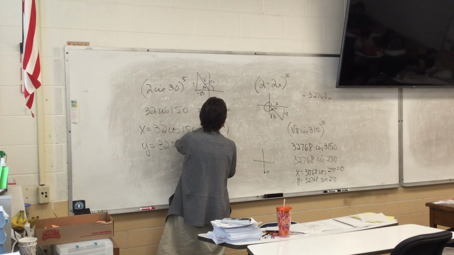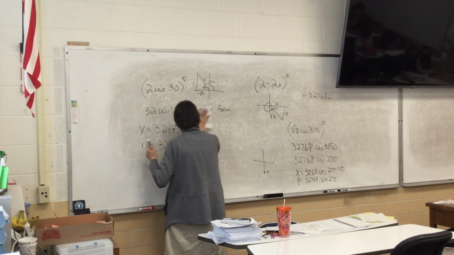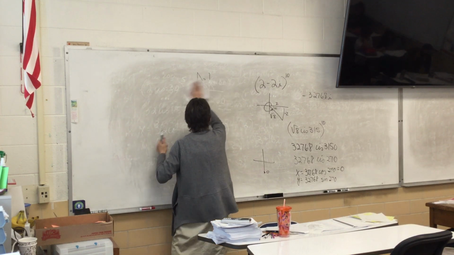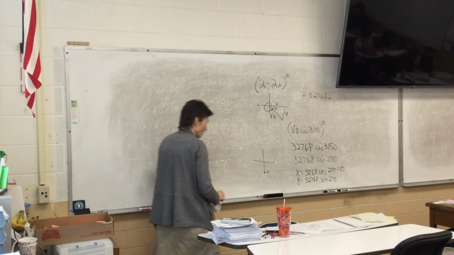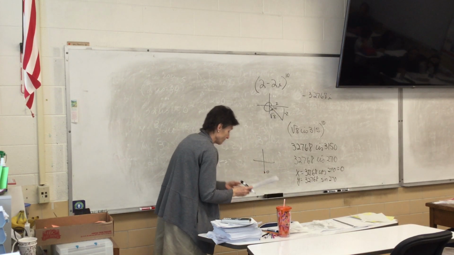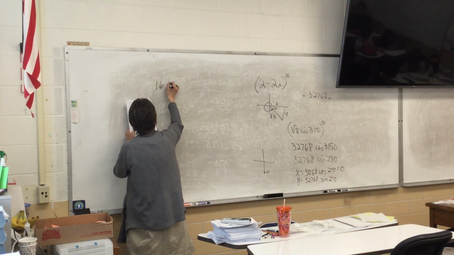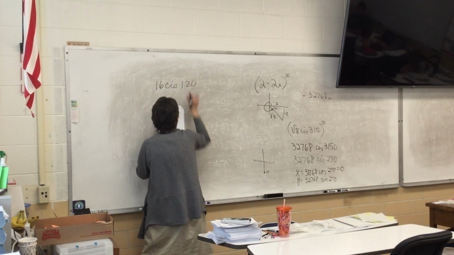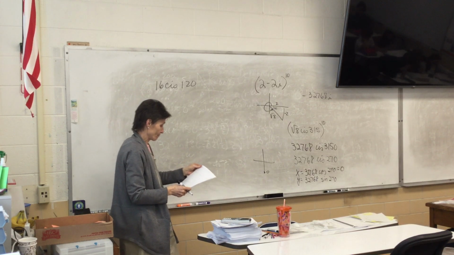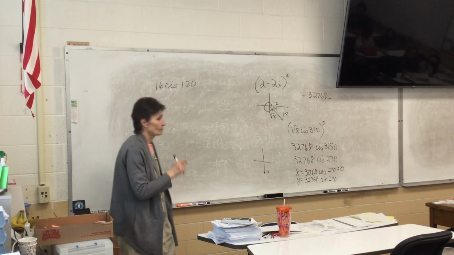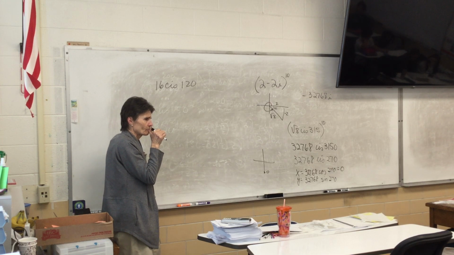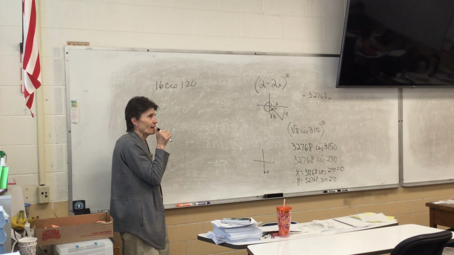Now we are going to find the square root of a complex number. Wait a minute, Mrs. Ford. You mean we're going to find the square root of i? Yes, we are. We are going to find the square root of this number, and it has an i in it. What's another way of thinking about square root?